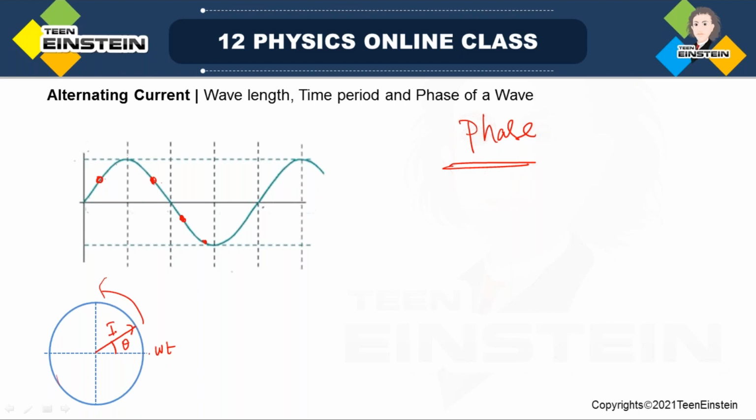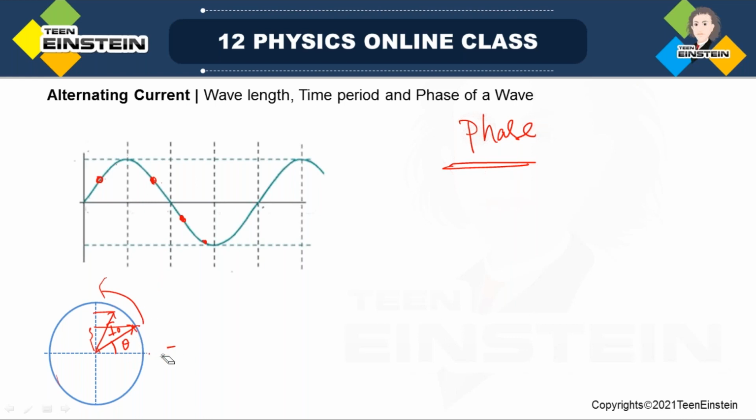Suppose this is a current, so I can write this as I0. This is the magnitude of the current. The length of this gives you the magnitude, and the instantaneous value will be obtained from here. We'll discuss that also, but here what I'm trying to say is the phase.